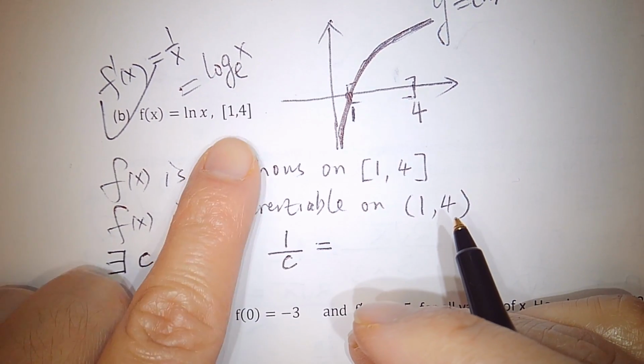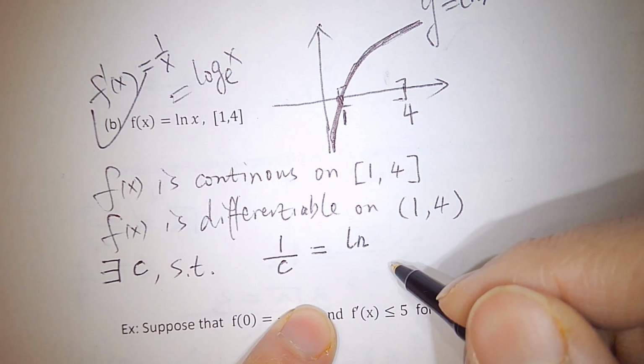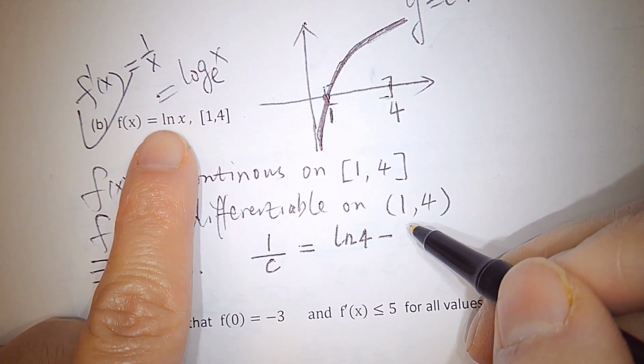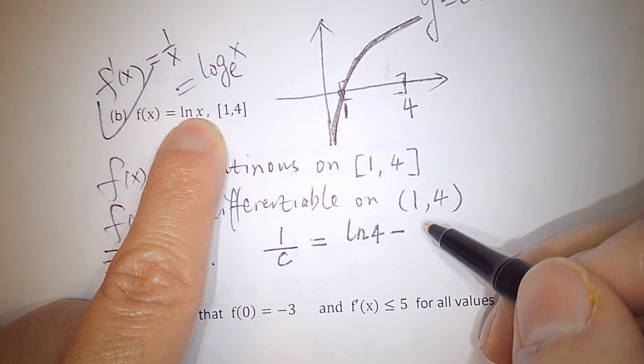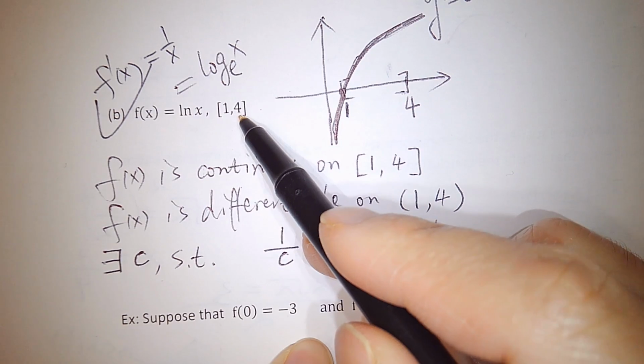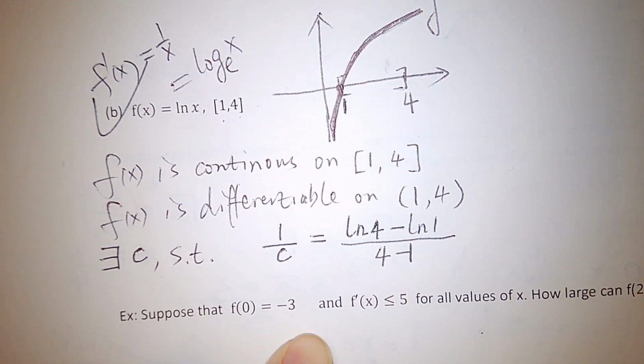Equals f of b, ln 4, minus f of a, f of 1, ln 1, divided by b minus a. What is b? 4. And a is 1, so 4 minus 1 is 3. Yes, you're right.